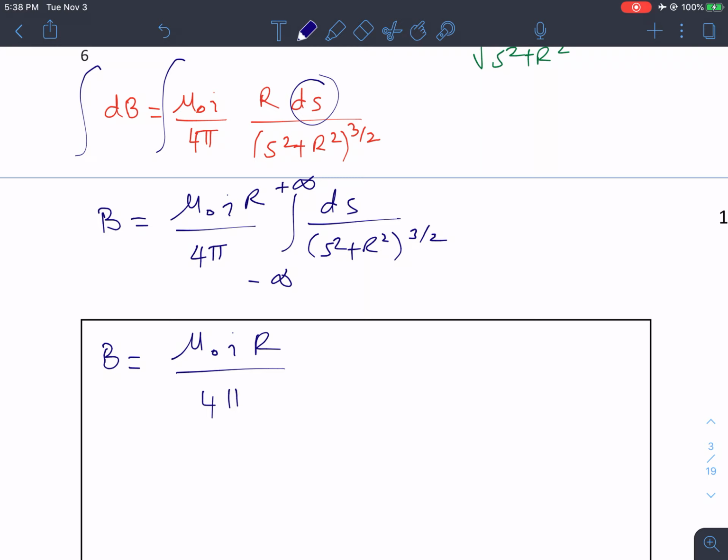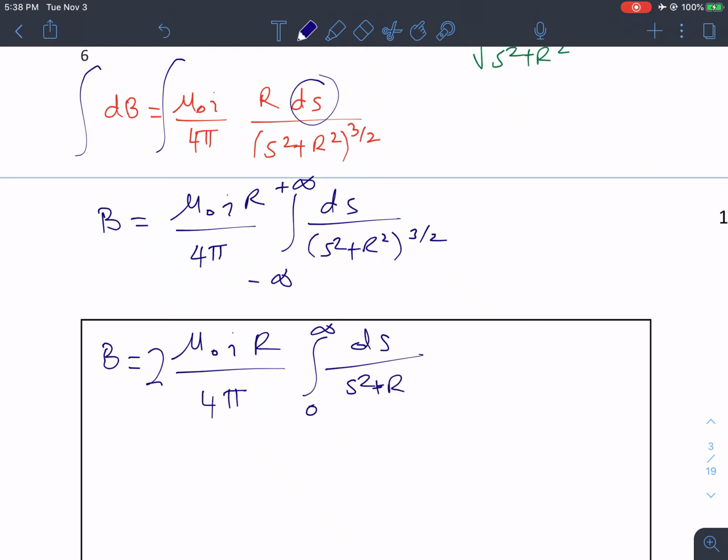If we only do half of it, we are going to get half of the magnetic field, so we need to multiply by 2 because I am changing the interval. If I multiply by 2, these two integrals will be equal to each other.